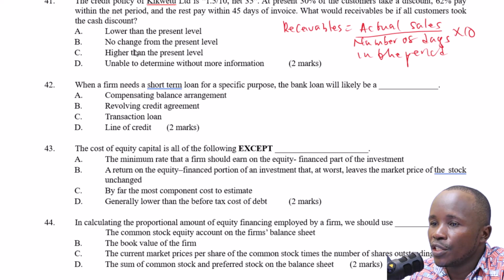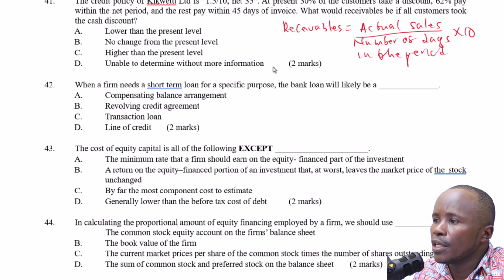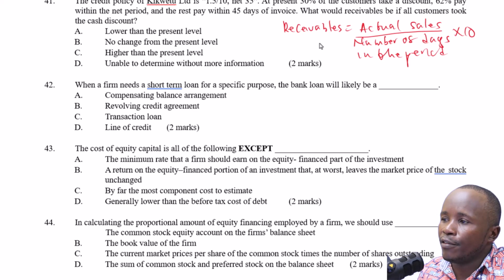No change from the present level? Higher than the present level? Unable to determine without more information? Absolutely. Because in this question, you have not been given actual sales. Therefore, there is no way you can proceed to determine receivables without the actual sales.